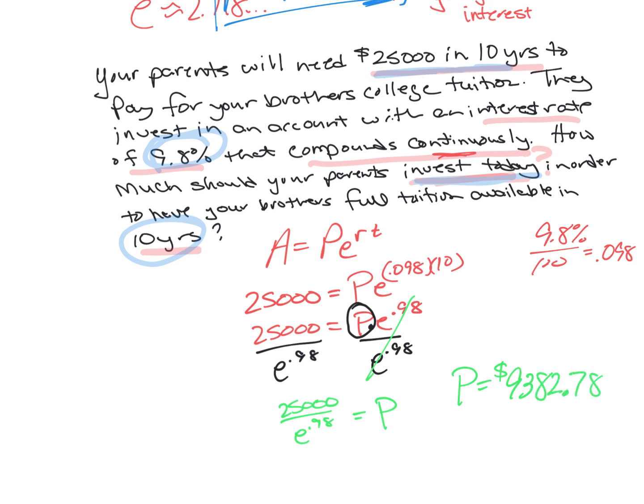Remember, you're rounding to the money, so you need that in cents. So in order to have $25,000 in 10 years, your parents will need to invest $9,382.78 into that account.